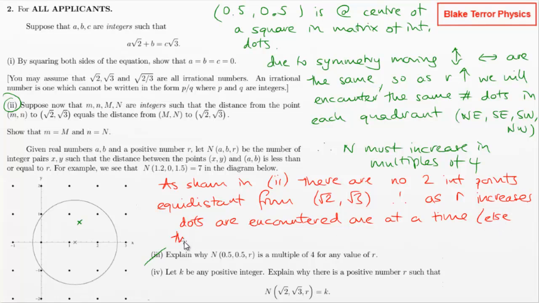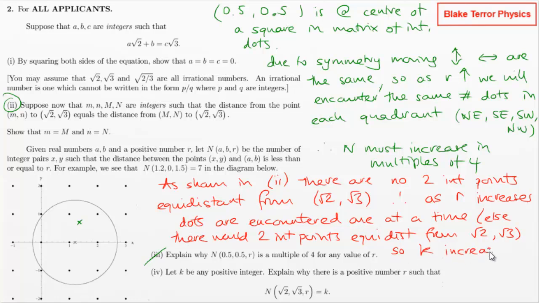Else there would be 2 integer points equidistant from root 2 root 3. So we've got that as r increases, dots are encountered one at a time. So k increases by 1 each increment.